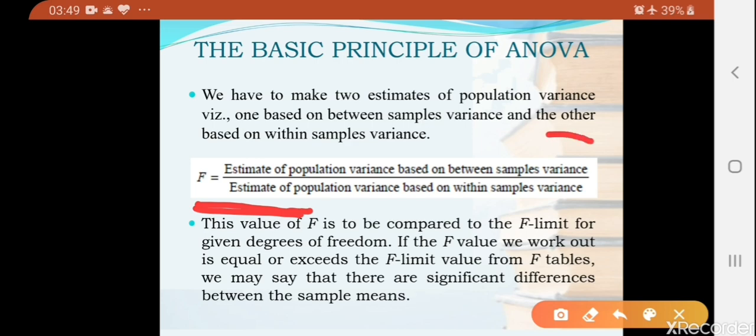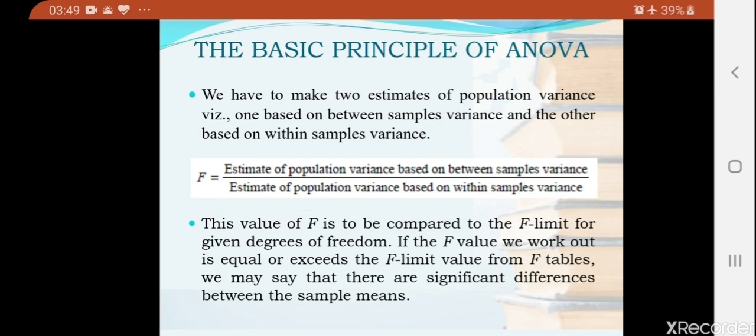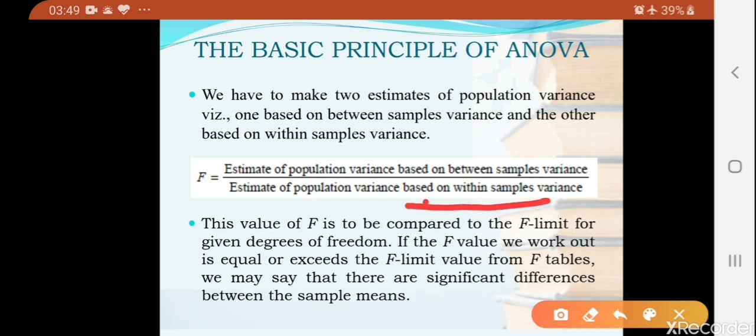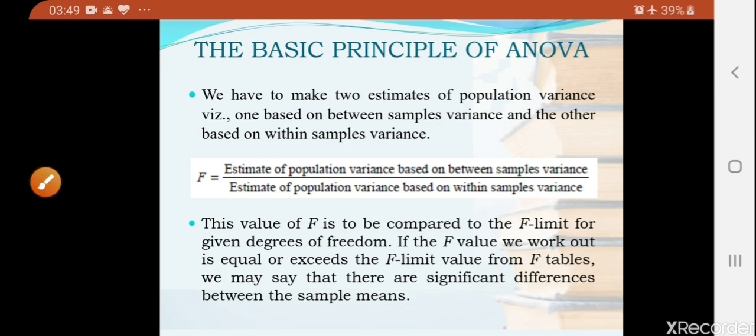So here in this case we will find out our F test statistic as estimate of population variance based on between sample variances divided by estimate of population variance based on within the sample variance. Then this F is compared with the F limit from the table, and if the worked out value of F is equal to or exceeds the F limit value from F tables, we may say that there are significant differences between the sample means.